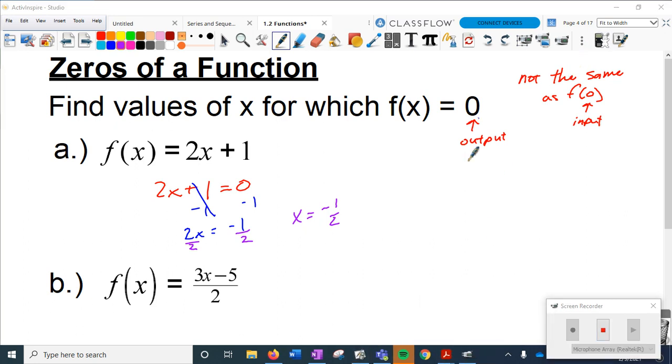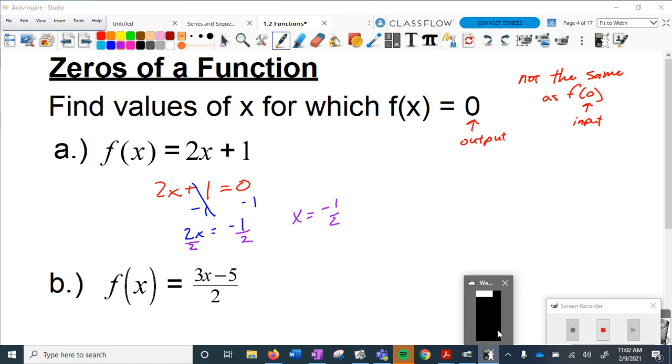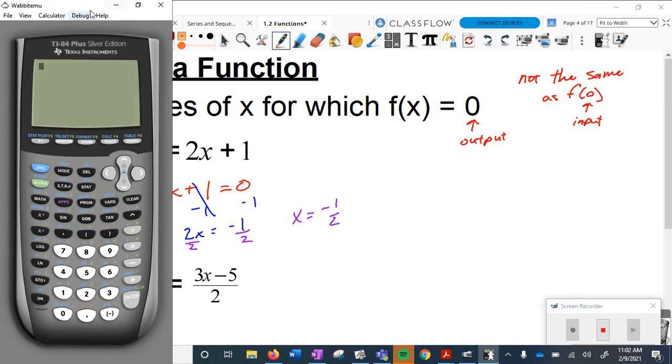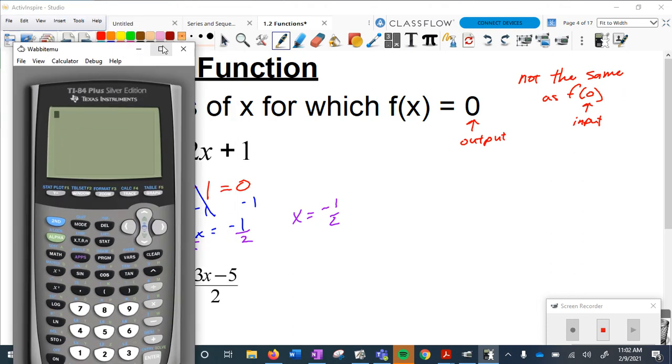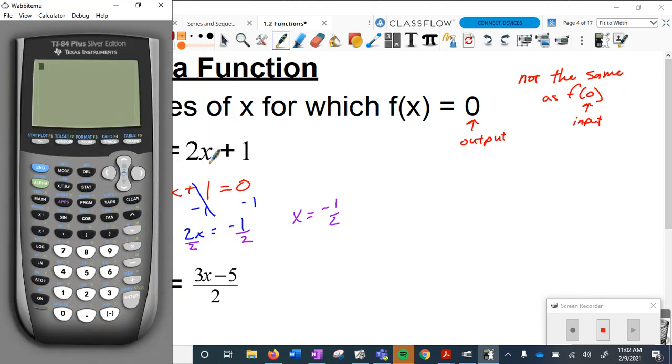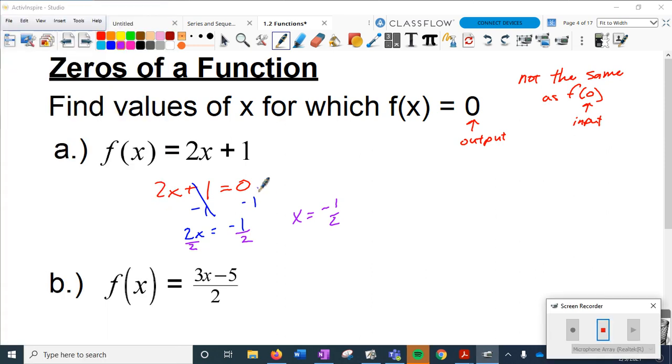Sorry for this, but we can check our answers, and the way we're going to do it is substitute the -1/2. So 2 times -1/2 plus 1 should equal 0. And that's what we want. We want the whole function to equal 0. So that's what our solution is.